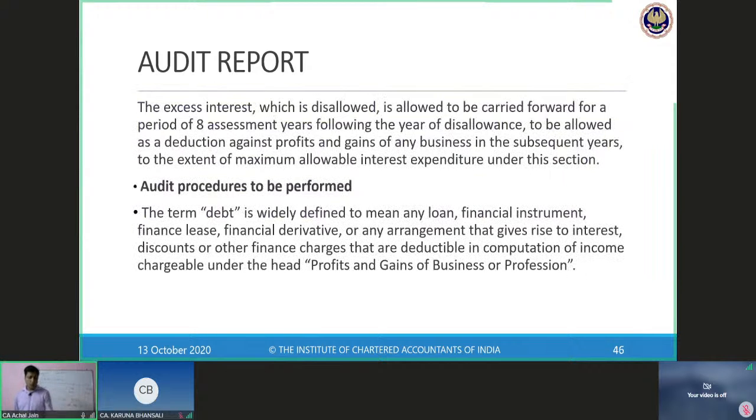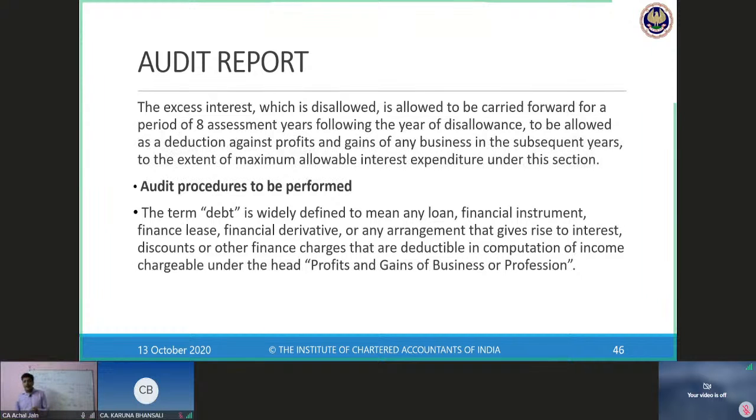Now again, what is our role? Our role is that of an auditor. So we'll not get into this taxation requirement. With this understanding of the taxation provision, we'll now start with our audit procedures, because that is important for us to apply the audit procedures in respect of all of these items.